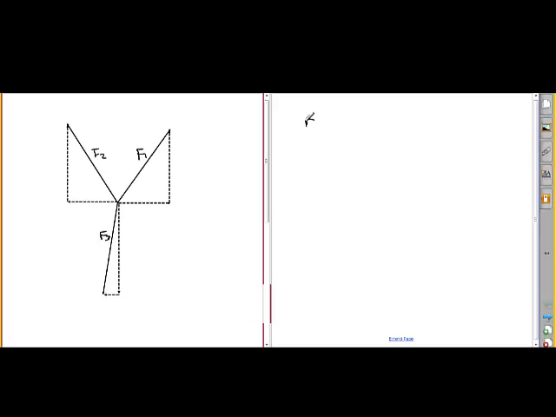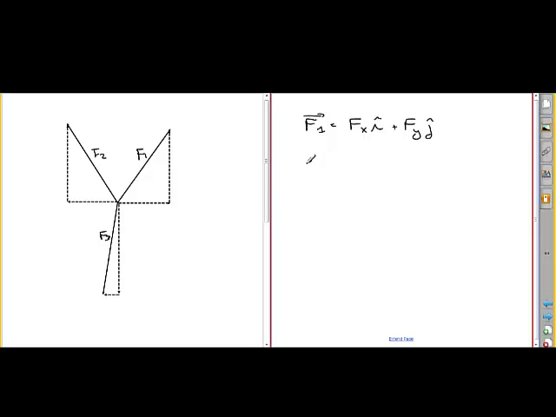So the vector F1 is going to be F sub x. So this is the vector, and then you have the components of the vector. So you get the x component, which is a scalar, times the unit vector in the x direction, plus the y component of the force times the j unit vector, and that'd be F1 sub x and F1 sub y.